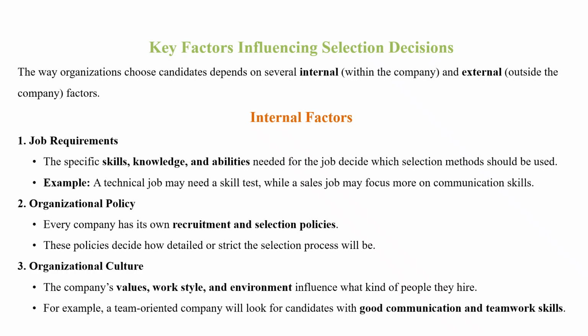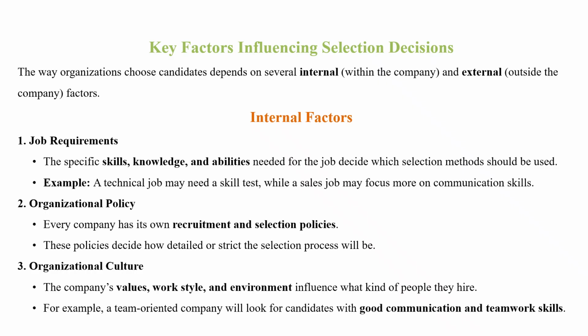For example, a company hiring a software developer will check programming skills, while a company hiring a sales executive will focus on communication and convincing skills. So the nature of the job decides what kind of candidate should be selected and which selection method to be used. The second factor is organization policies.